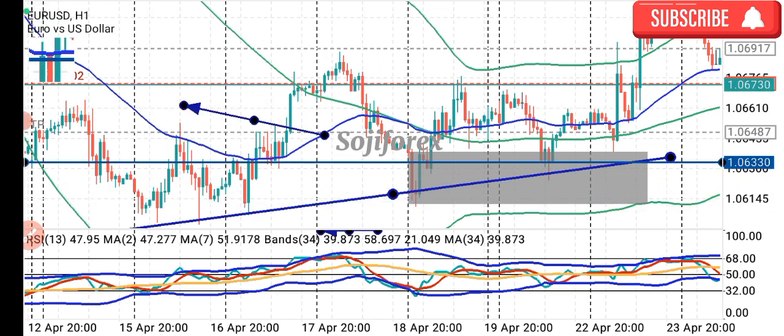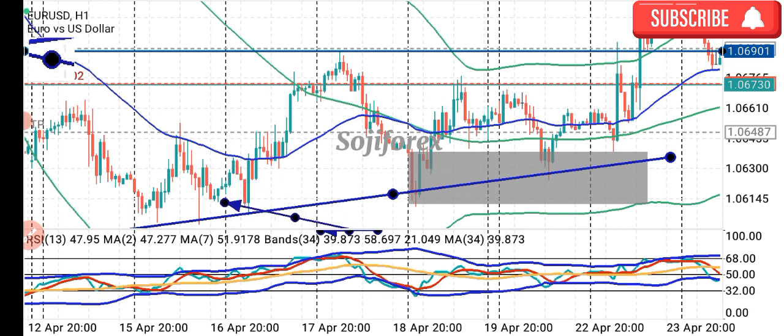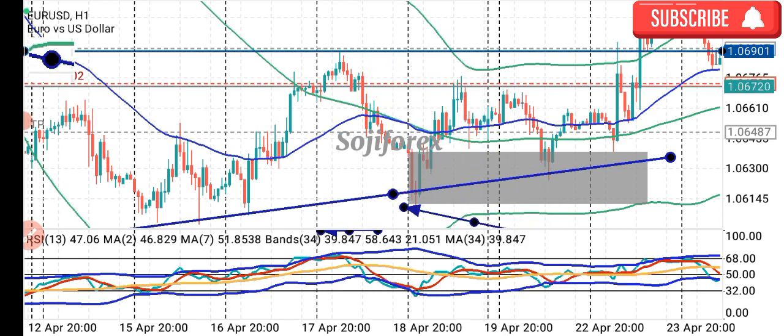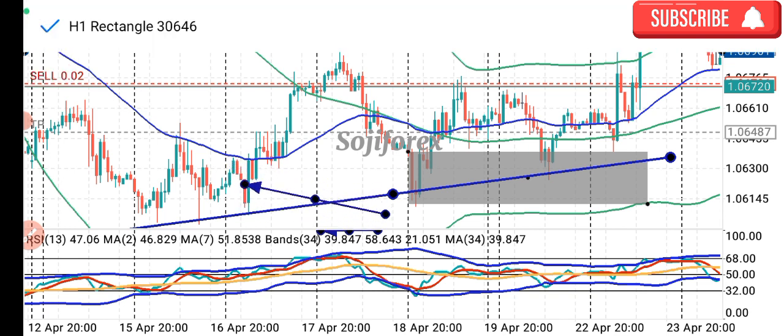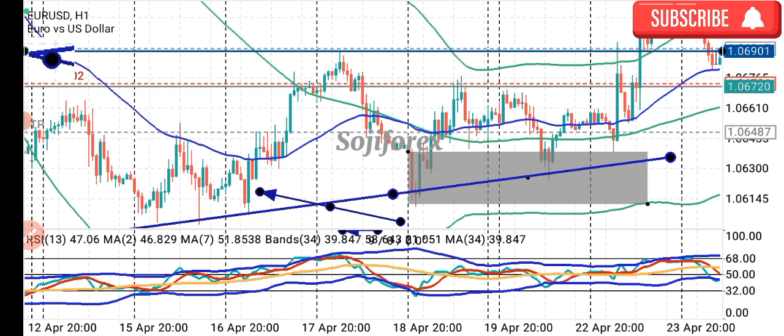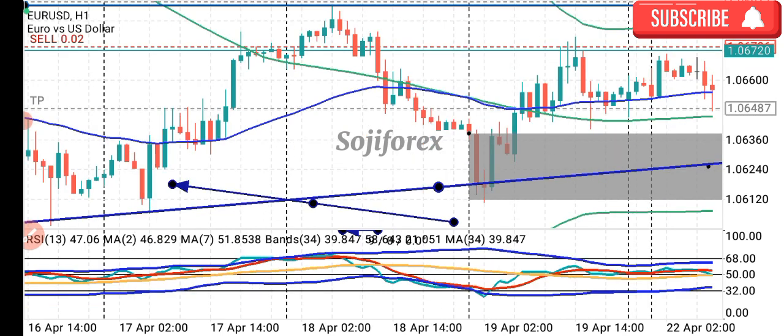As you can see here, we have a series of higher low, higher high, higher low, right? So here, look at this move that happens at this zone.